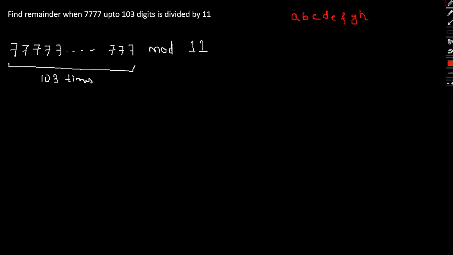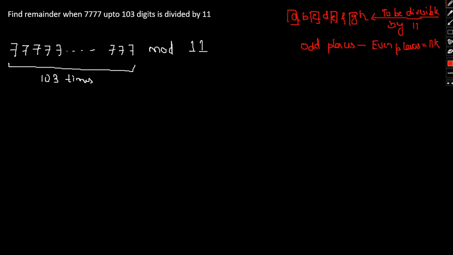Now for this number to be divisible by 11, odd places minus even places has to be either 0 or a multiple of 11, or 11k. Odd places, that is A, C, E and G, even places, that is B, D, F and H.